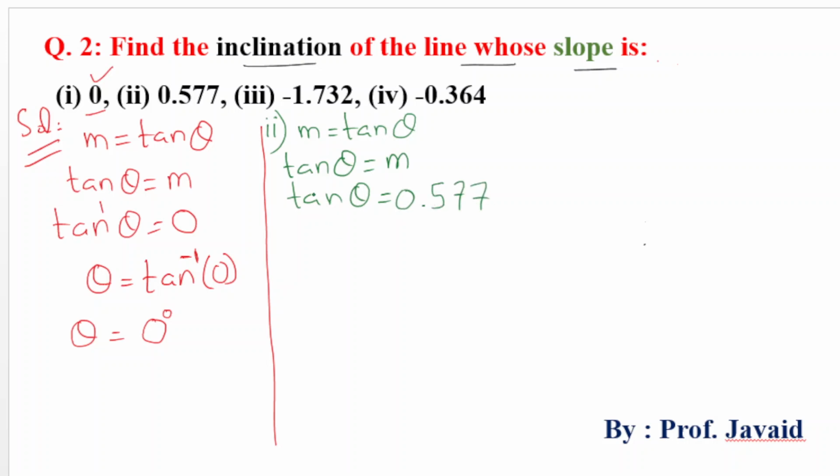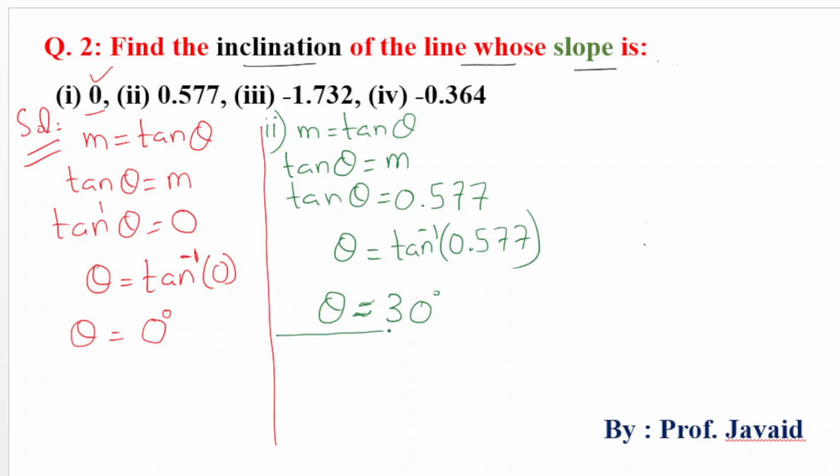Now I have to find theta, so tan must not be here. Just transfer tan to the other side. The same as previous, it goes tan inverse of 0.577. So theta will be found with the help of a calculator. It is 29.9, so you can write 30 degree, approximately. Okay, 30 degree. I hope you understand this.